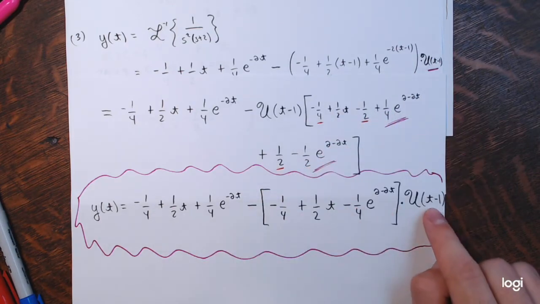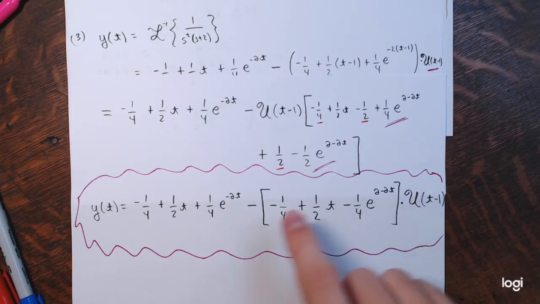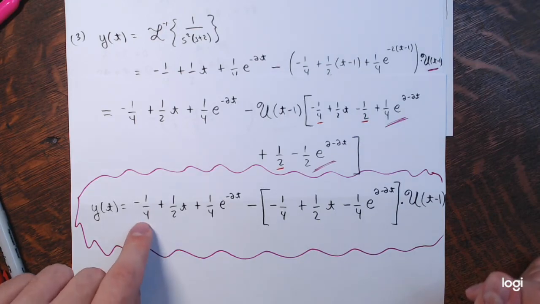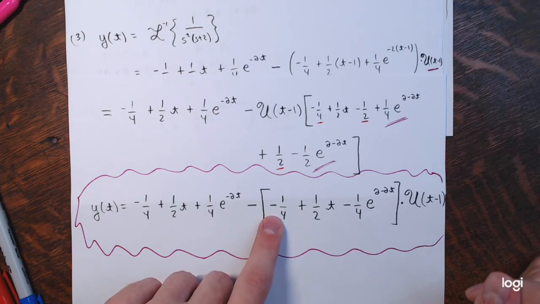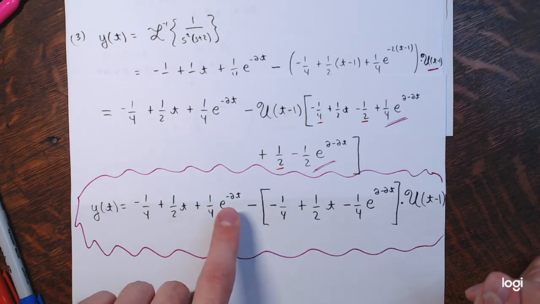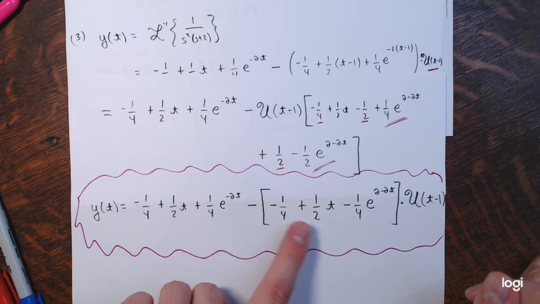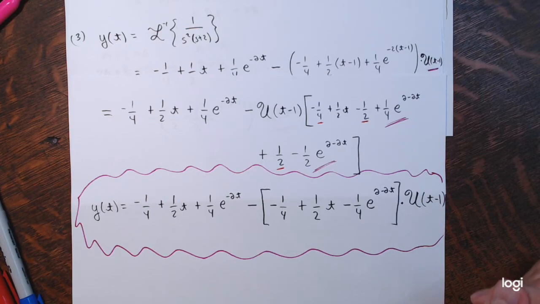But when t is greater than or equal to 1, the value of the unit step function is 1, and then you'd just combine some like terms. Actually, negative 1/4 minus negative 1/4 would be gone, half t minus half t would be gone, and actually that wouldn't be so bad. But you could break this up and write it as a piecewise defined function.